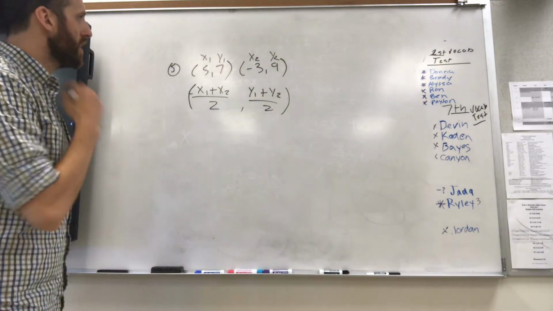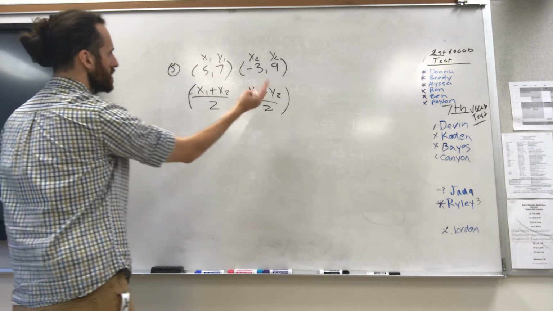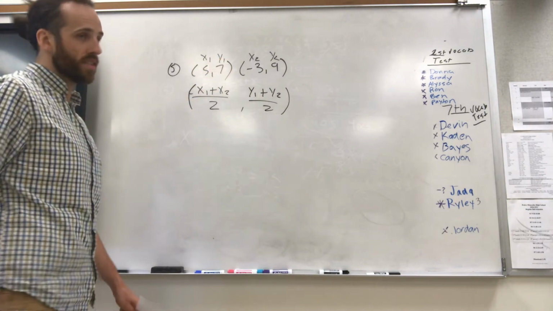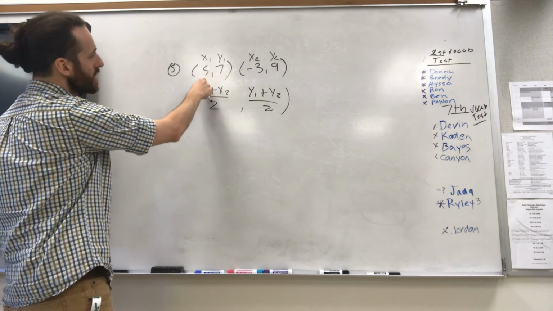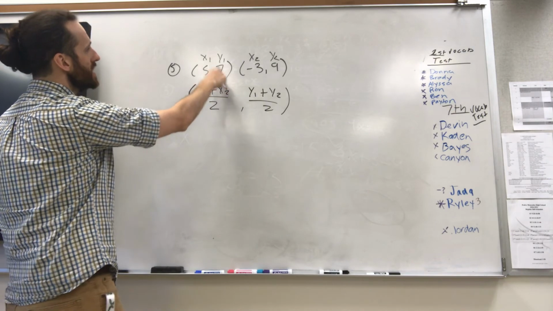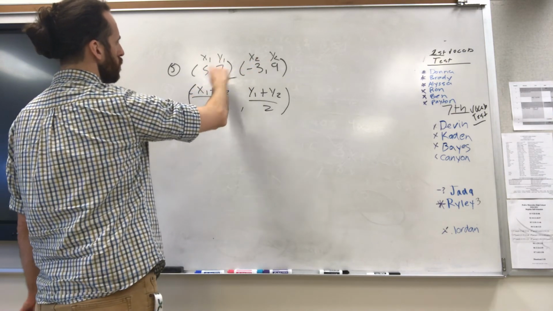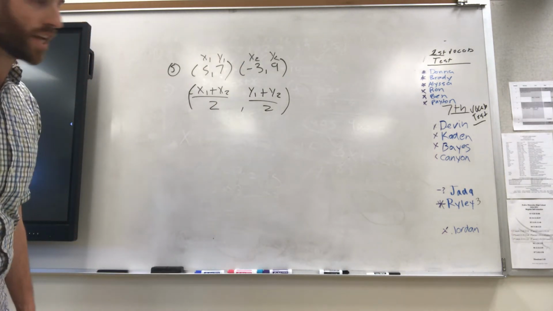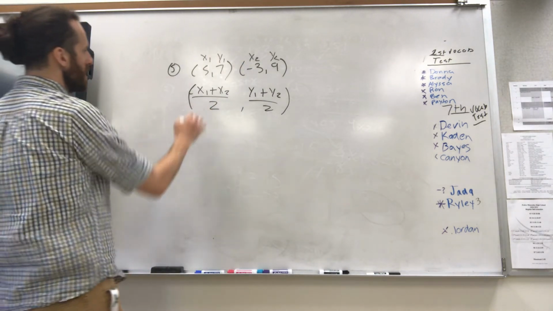It's important because some people mixed up these numbers. Remember, if it's in parentheses and there are coordinates, the first one's always the x, the second one's always the y. It does not matter here which ones are 2's and 1's, because it will give you the same answer. So let's plug into my formula now.